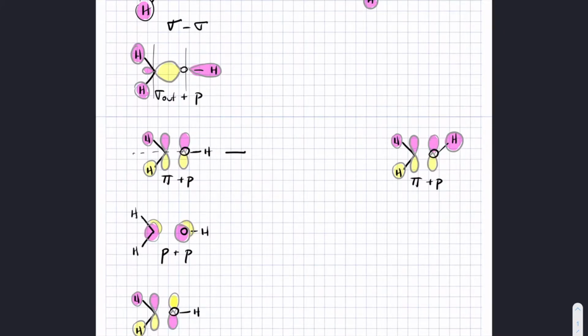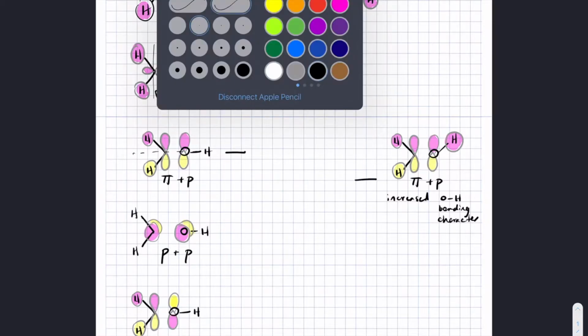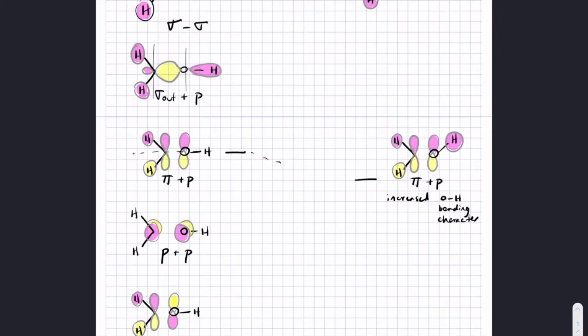So what we predict there is we have increased oxygen-hydrogen bonding character. And that ought to decrease our energy. By how much? Don't know. Wouldn't ask you to predict it, but by some amount.